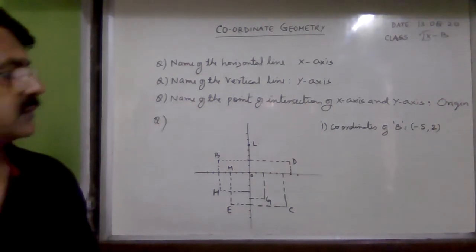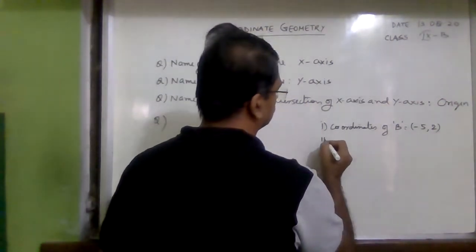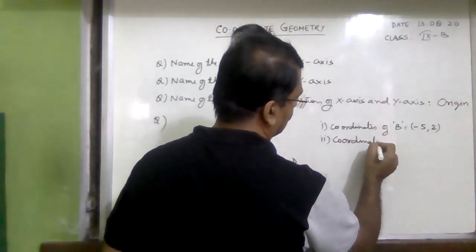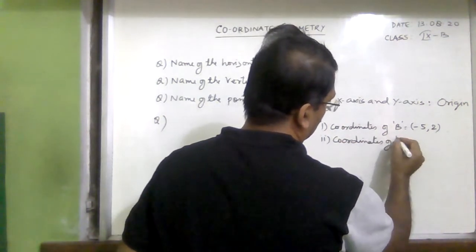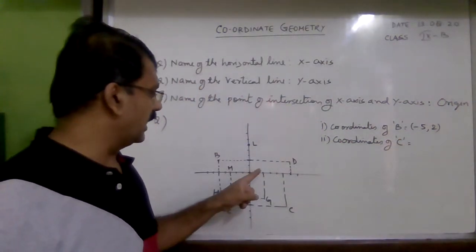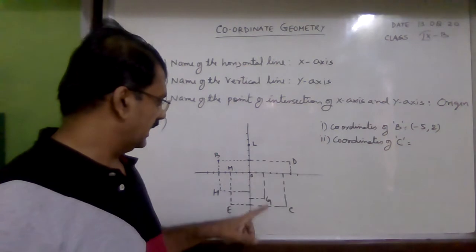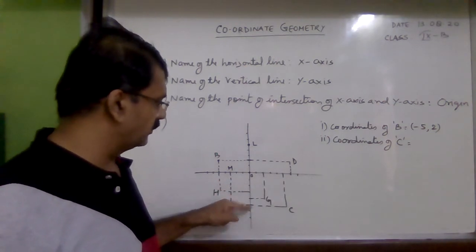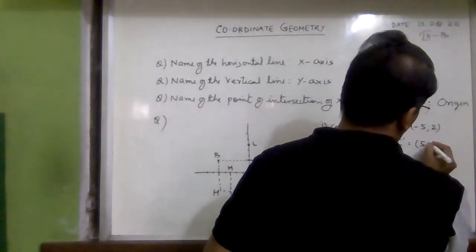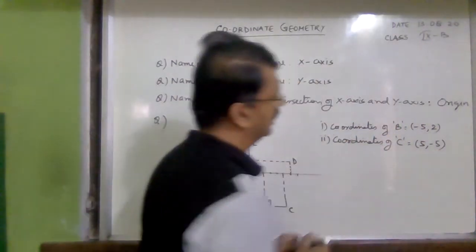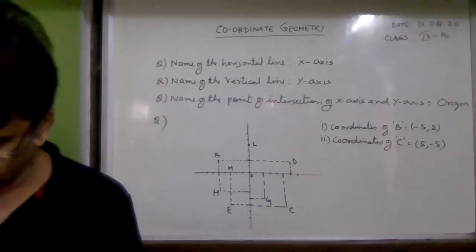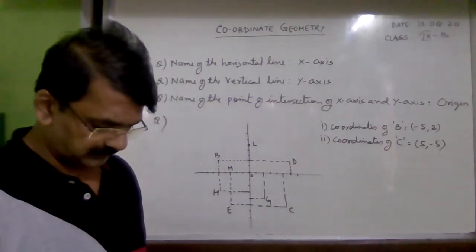Then the coordinates of point C. Now there is the C point, 1, 2, 3, 4, 5 and then 1, 2, 3, 4, 5, but it is down to -5. So the coordinates of C will be 5, -5.